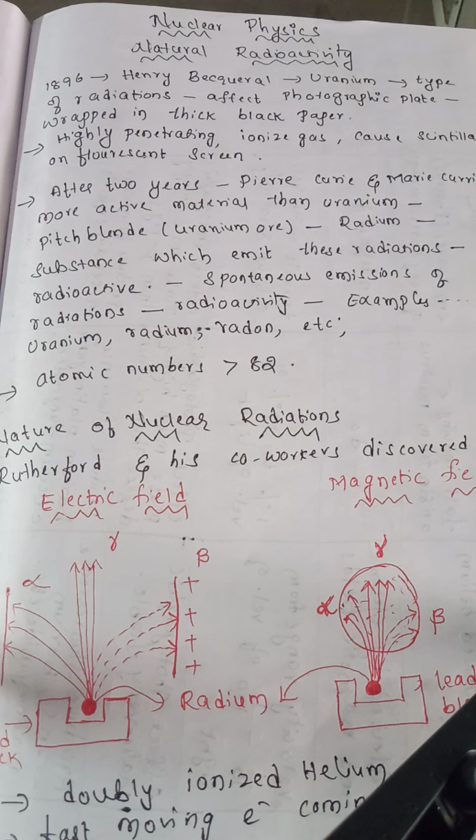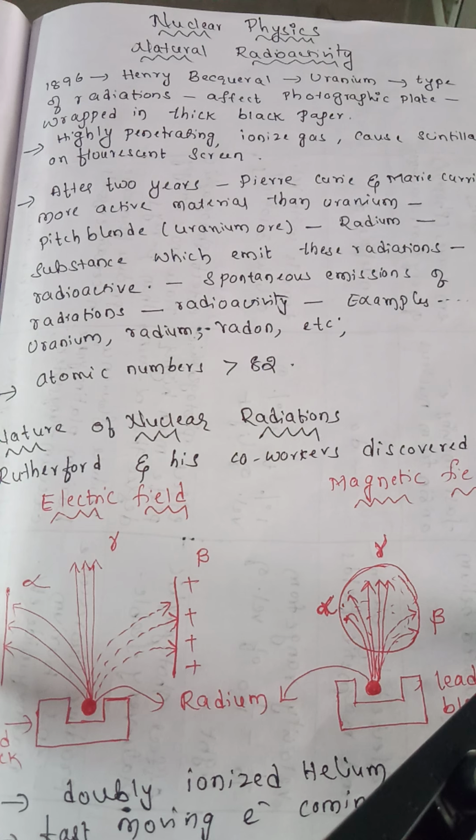Now in the atom, I think you all know the structure of the atom: protons will be there, electrons will be there. According to Rutherford's experiments, all the positively charged protons concentrate at the central core of the atom.